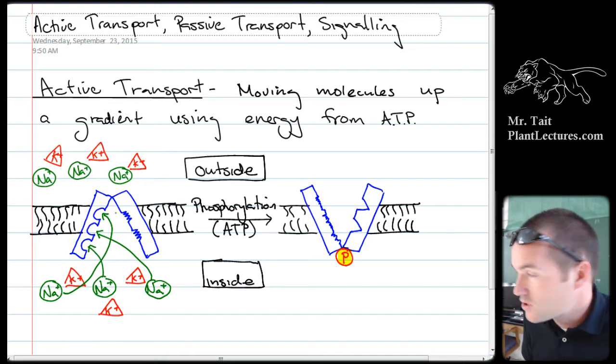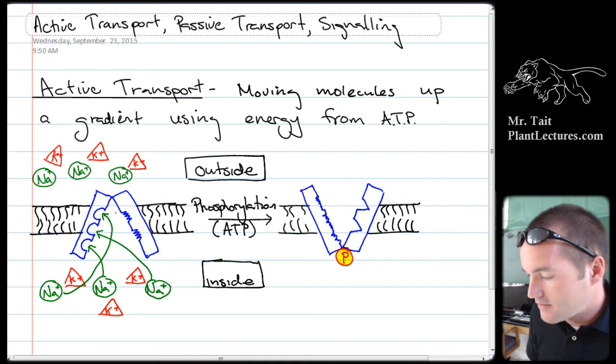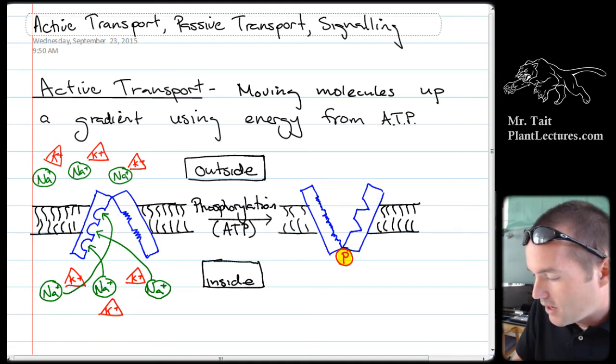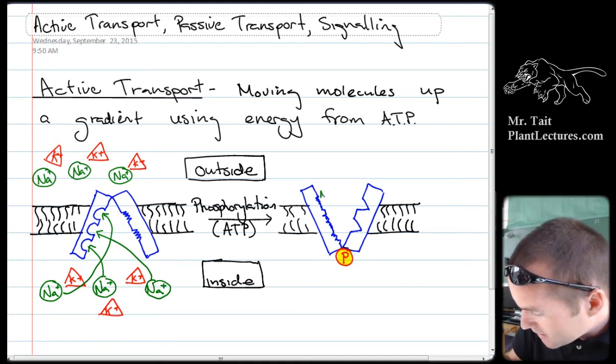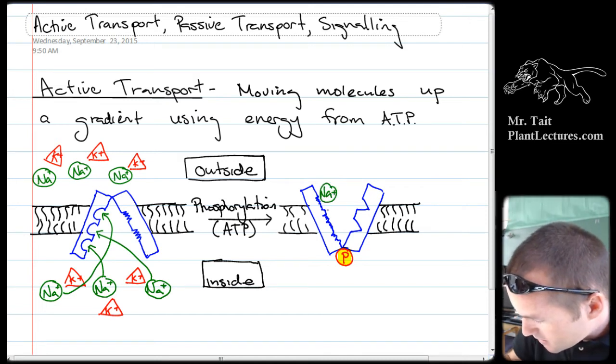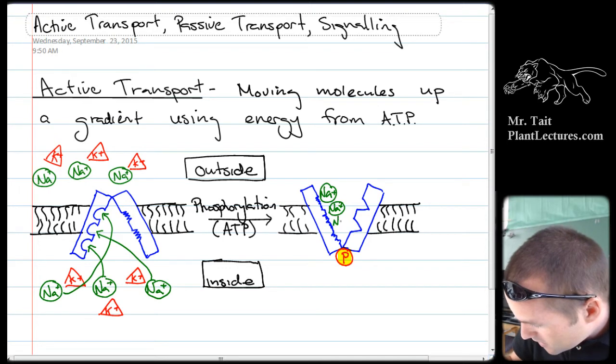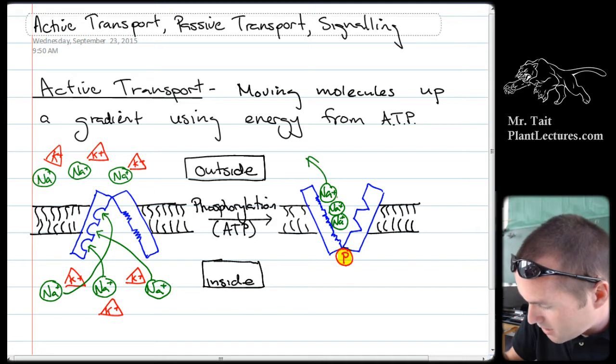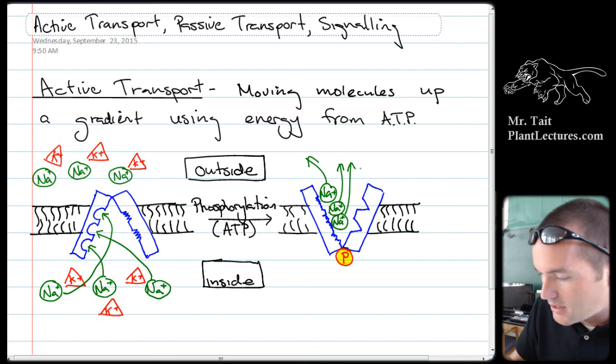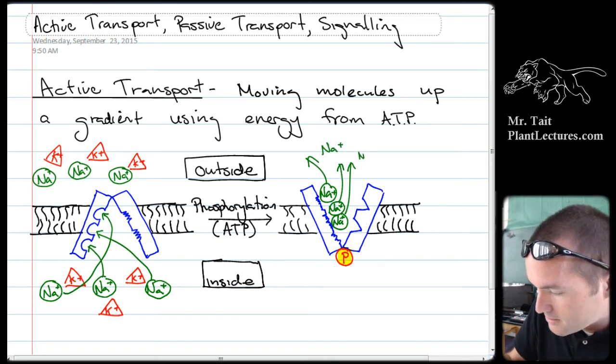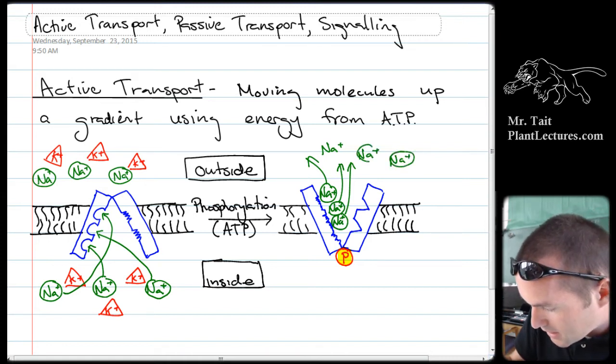Then they're in those active sites, and then it gets phosphorylated. And when it gets phosphorylated, these 3 sodium ions can't fit into those spots anymore because they've changed their shape, and so they go out to the outside. So now we're going to end up with 3 more sodium ions than we started with on the outside.